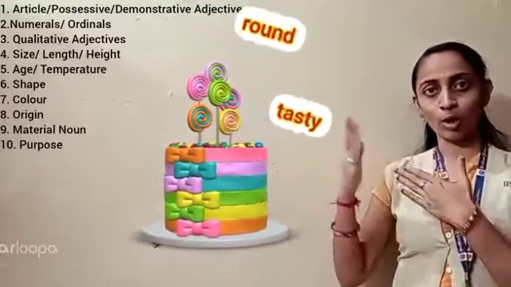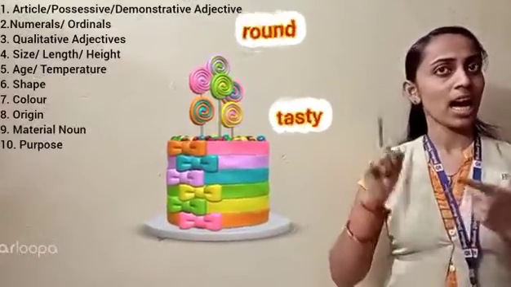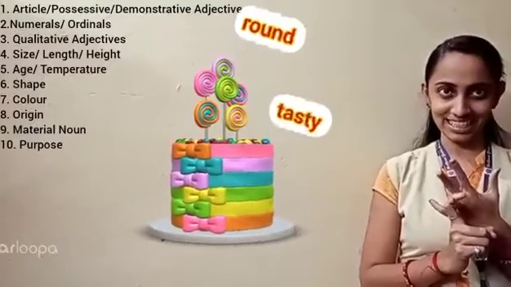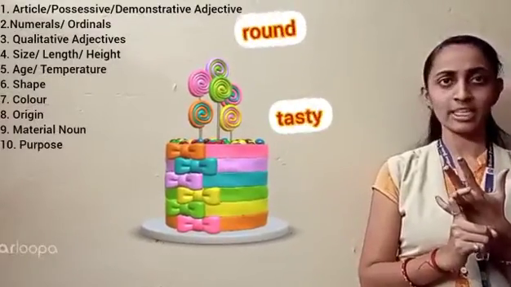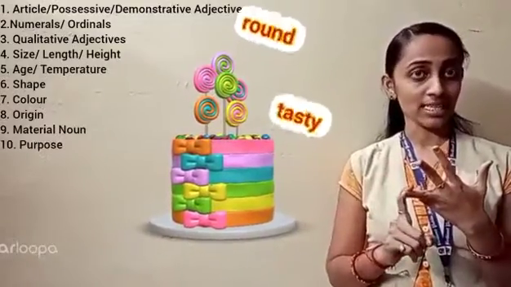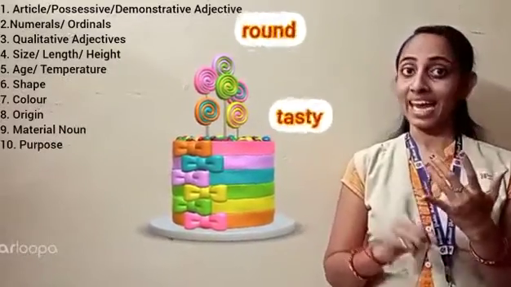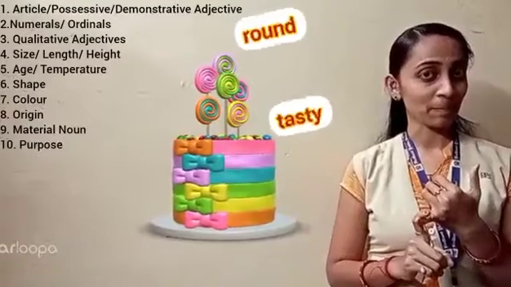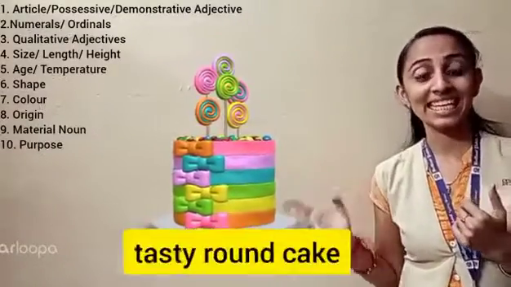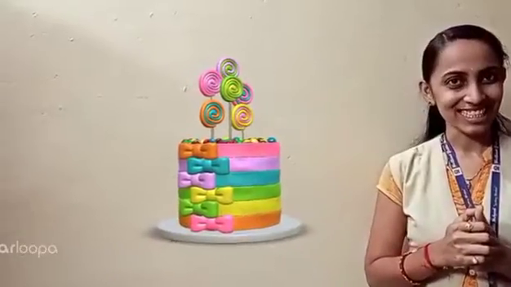And again, according to our sequence chart, article, numerals, qualitative adjective. Tasty is a qualitative adjective, right? Yes. And then size, length or height, age, shape, round. So tasty, round, cake. Isn't it?